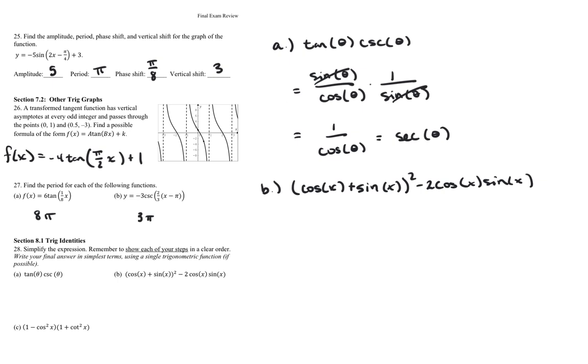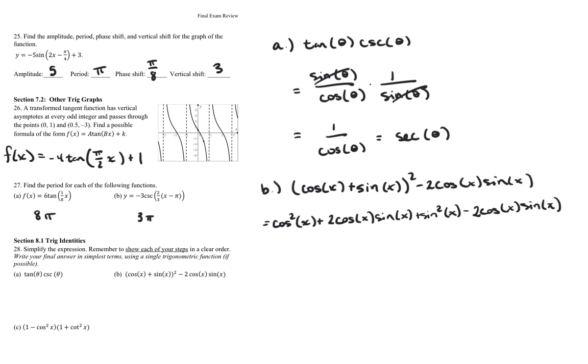Okay, so I want to expand the cosine of x plus sine of x squared, and I can write this as cosine squared x plus 2 cosine of x times sine of x plus sine squared of x minus 2 cosine of x sine of x.